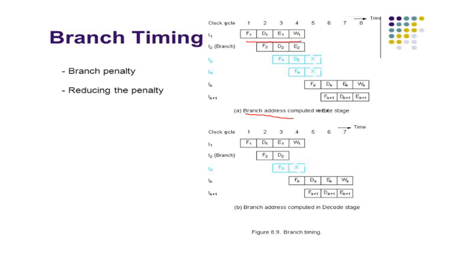We have assumed that the branch address is computed in step E2. The branch instruction is executed at step E2. The instructions I3 and I4 must be discarded and the target instruction IK is fetched in clock cycle 5. Thus, the branch penalty is 2 clock cycles here.